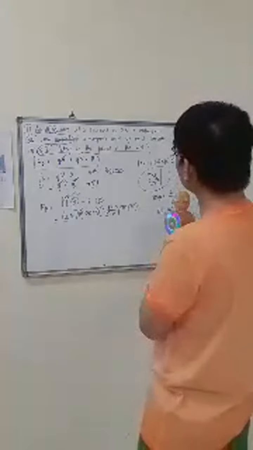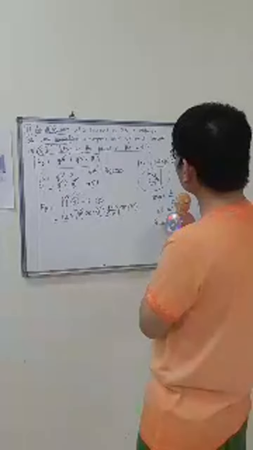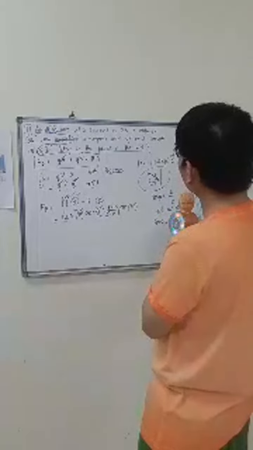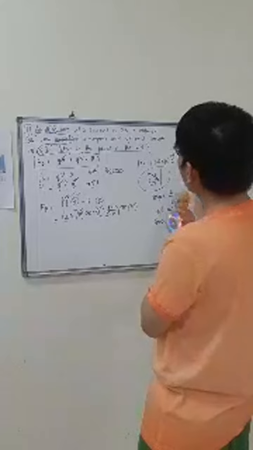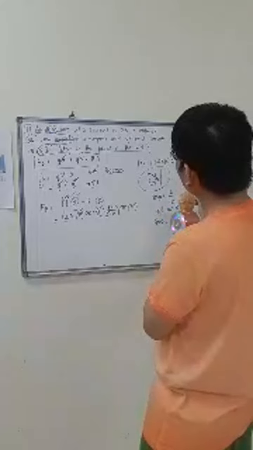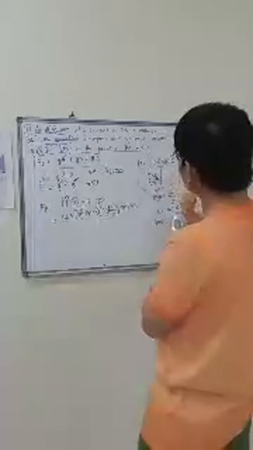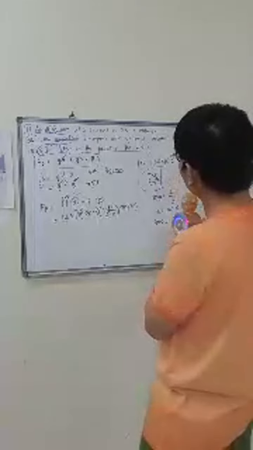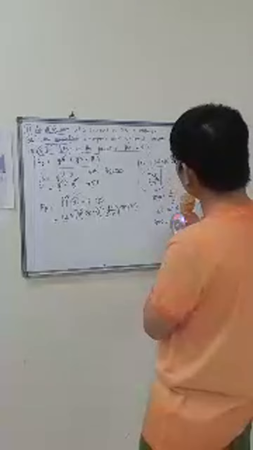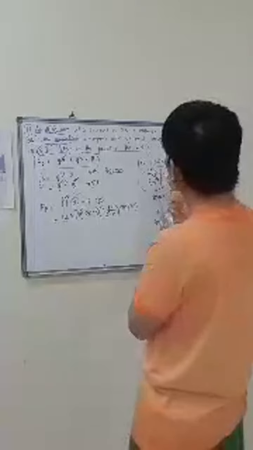Then sine theta is equal to the opposite side of the angle, h, over the hypotenuse, right? B, this one, the diagonal, hypotenuse. And B is our magnetic field here.